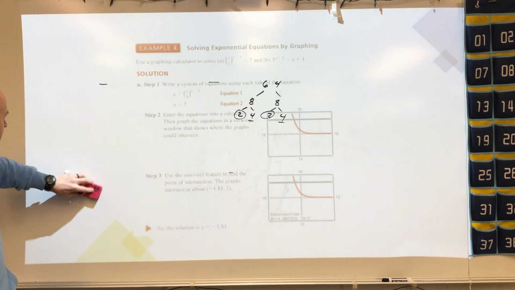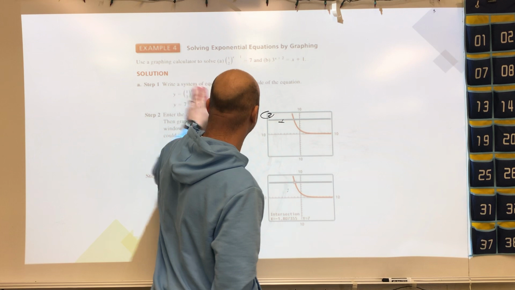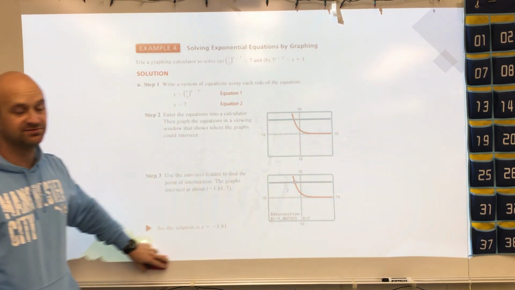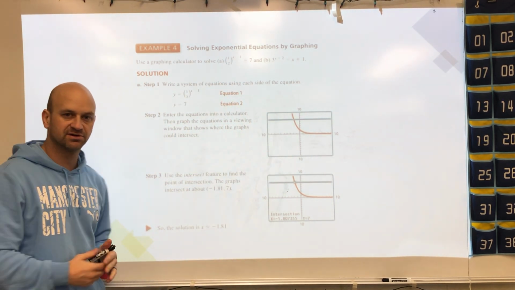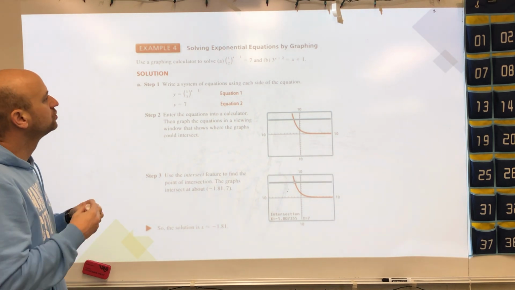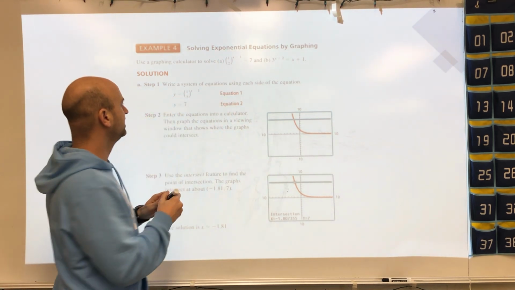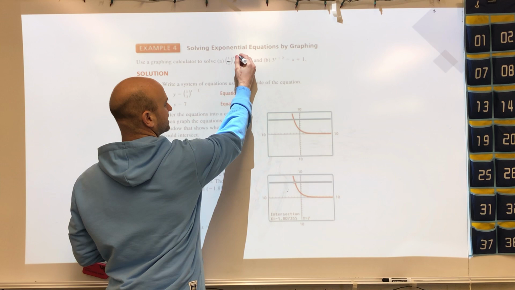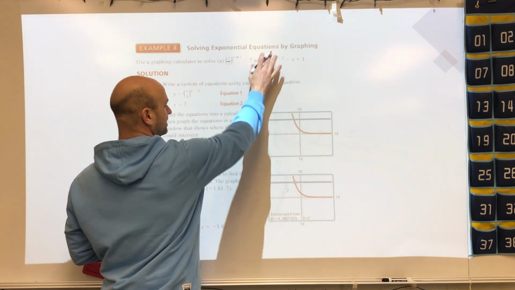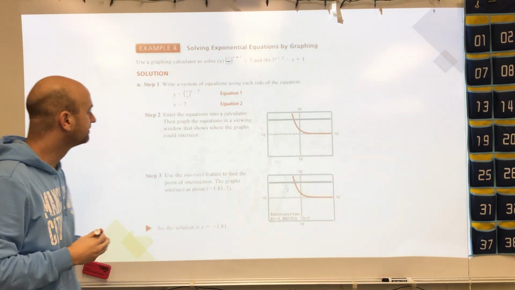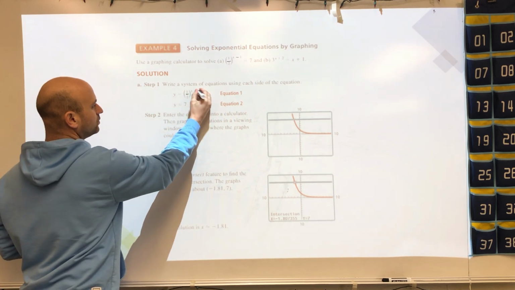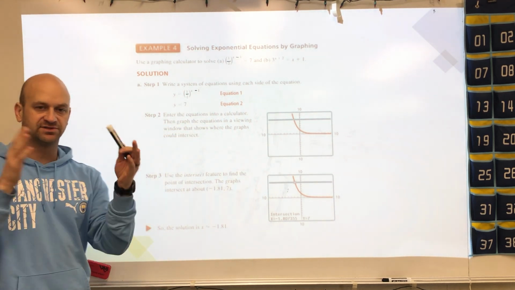Okay. Now, as we've seen in just about all the different types of equations, we do have to graph them as well. Graphing is a big part of algebra. So when we look at this, we're going to be given 2 equations. We have 1/2 to the power of x minus 1 equals 7, and then we'll do a second example in a second. So when we look at this example, what we want to do is graph these 2 equations.